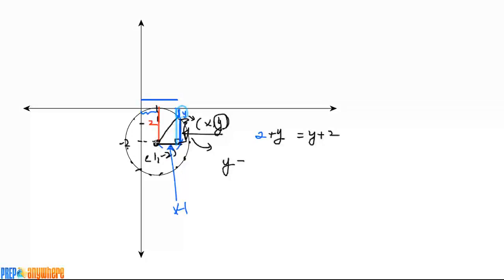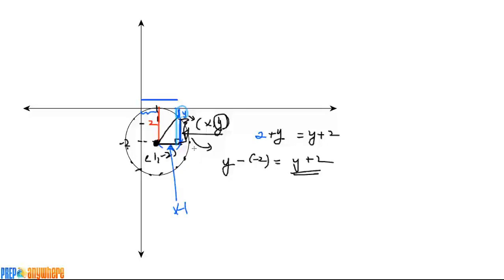What is this point's y? -2, right? So y plus 2. Rise over run, remember? So y plus 2 is this height, and this x minus 1 is this length at the bottom.